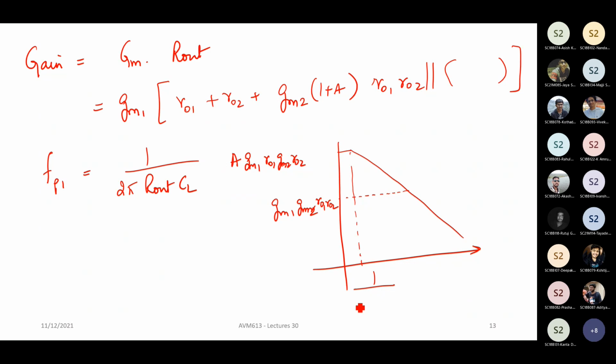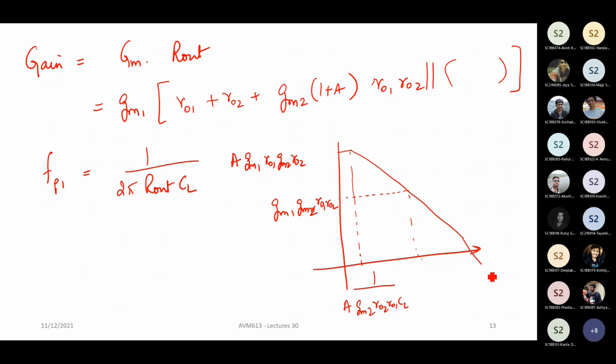And then the pole here is of course A times GM2 R02 R01 CL. Here of course it will be a little higher bandwidth. So if you compare a regulated cascode and a normal cascode, the regulated cascode has higher gain and lower bandwidth, whereas a normal cascode has a little lower gain and a little higher bandwidth.